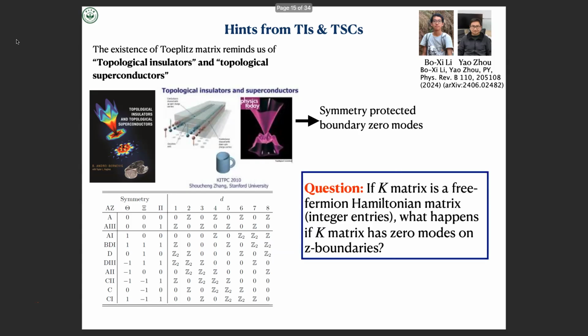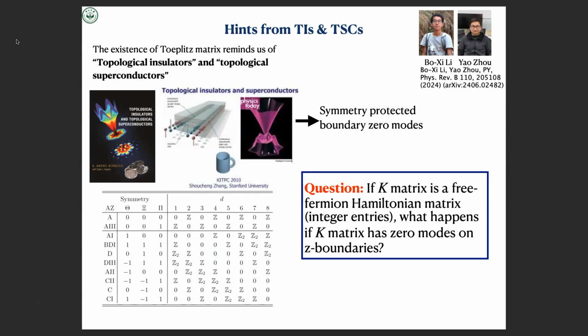And now, because of this similarity of the mathematical structure, we want to ask, once we have boundary zero modes of this K matrix, are there some non-trivial results in my context? This is our motivation.